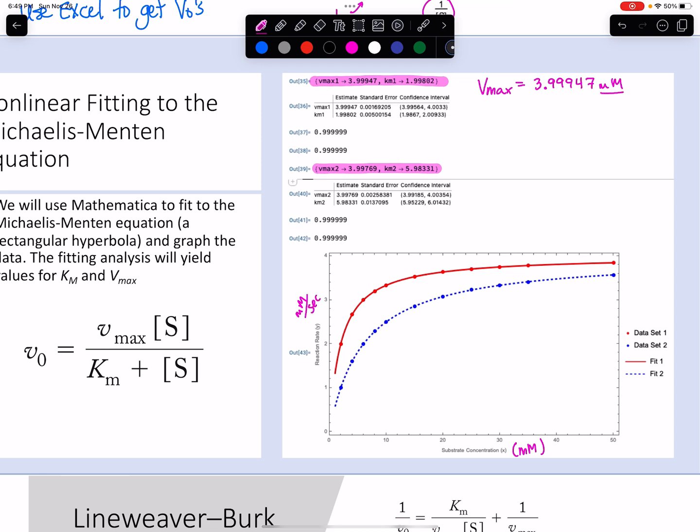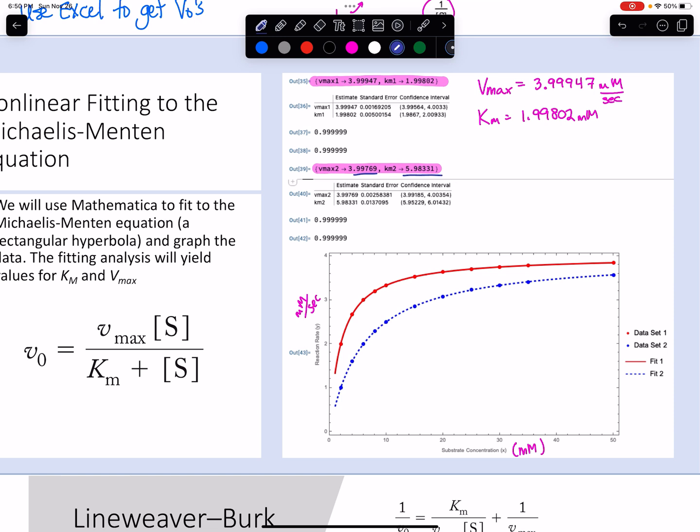So this is going to be a rate, millimolar per second, and my Km is 1.99802 millimolar, okay? And then for the other conditions, it had essentially the same Vmax, 3.997, but the Km is higher, okay?